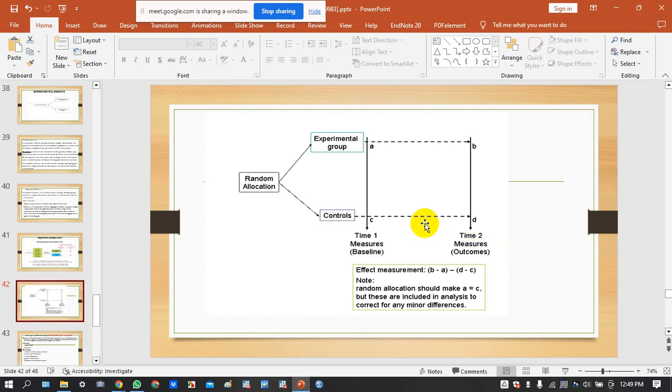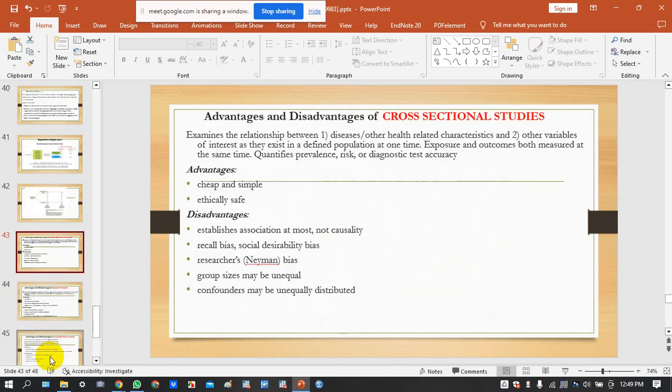We don't show favoritism and say this is my brother, let me put him in group 1, or this is my sister, let me put her in group 2. So we have the experimental group and the control group. Then we take a specimen at baseline, then another specimen or measurement at the development of the condition or at the end of the study. So this is how we go about it.